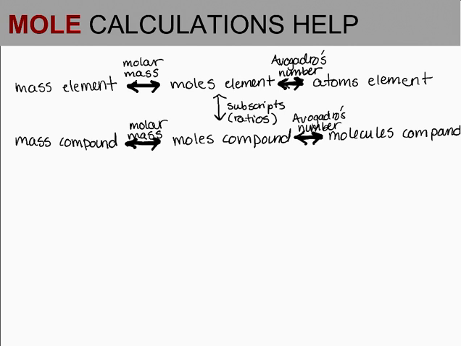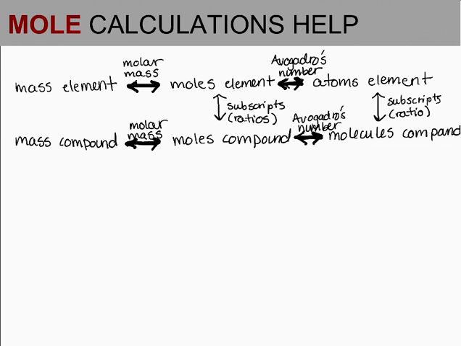So for instance, in CO2, we had 1 carbon and 2 oxygens. And then we could also do the same thing with atoms and molecules. We can just use the ratios to determine one or the other.